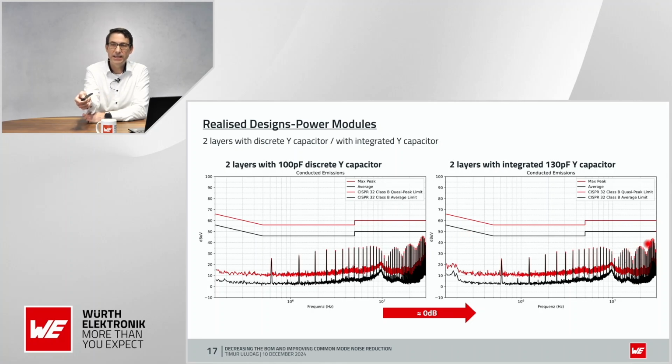At the end we have a little bit, but at the average value, if we ask how much margin we have to cross the border of the class B, there is nearly no difference.